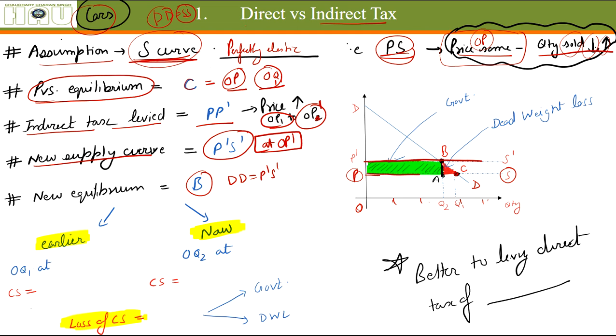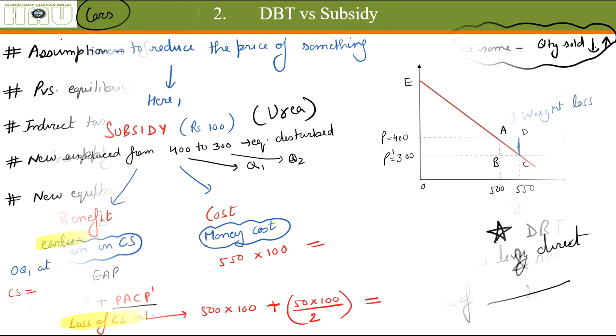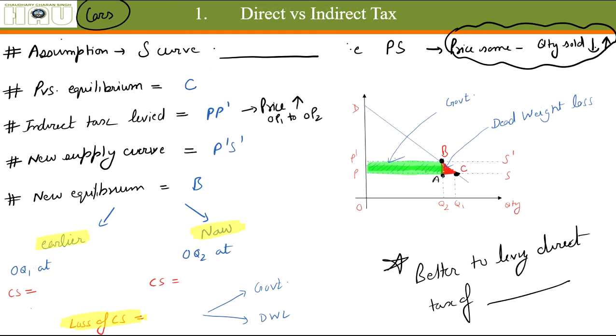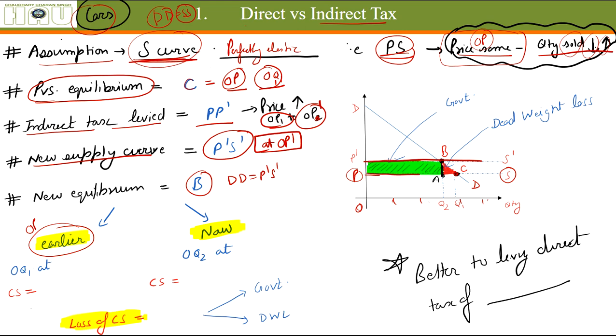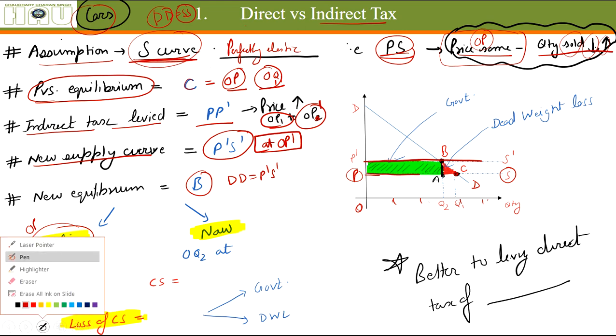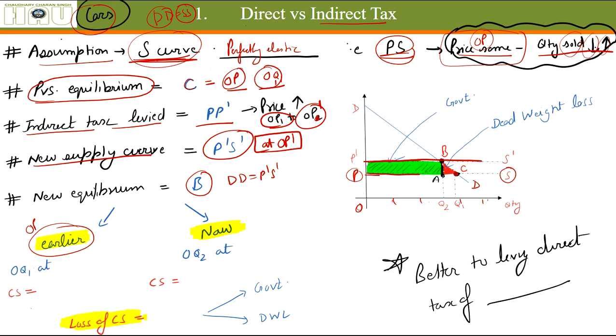Earlier, when the price was OP, OQ1 quantity was bought at OP price. The consumer surplus is the total satisfaction we get.